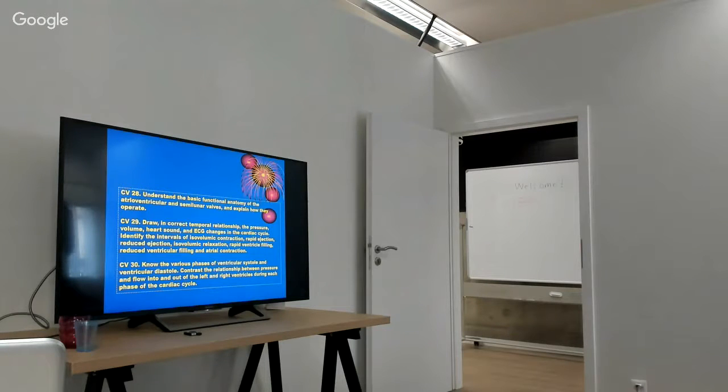And moreover, the valve is not in a semi-closure position, and the blood goes into the atrium instead of going into the aorta. And this is a big problem for a patient with heart failure.